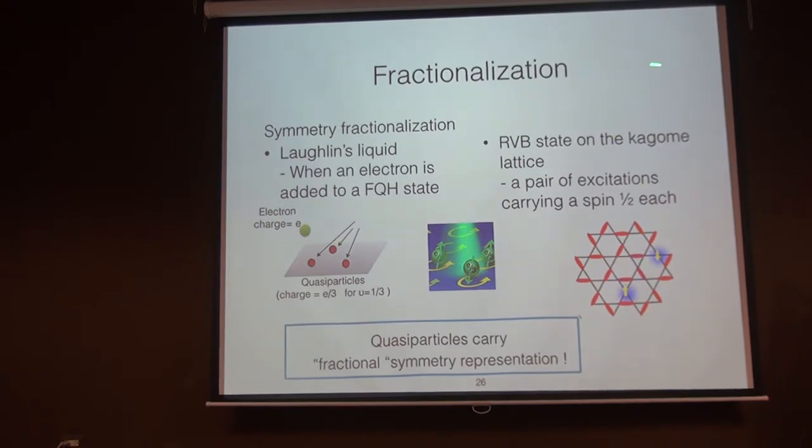And then another case is the RVB phase on the kagome lattice. This phase is a D2 topological order phase. And once we break one singlet, a pair of defects will carry a spin 1/2 particle. So from those two cases, we know if the topological order phase has a symmetry, then the quasi-particle will carry a fractional symmetry representation.